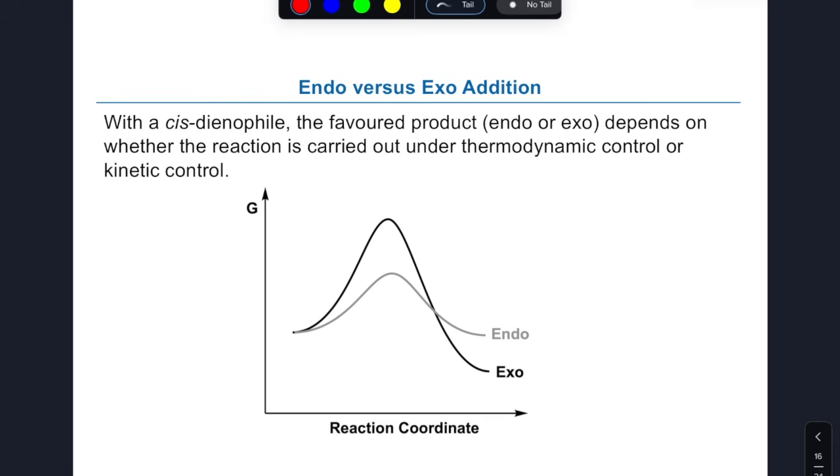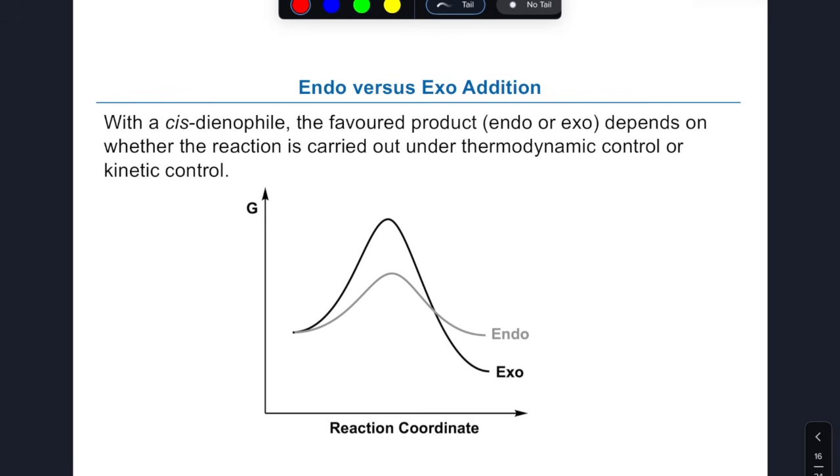However, the transition state to form it is actually a little bit higher. So the kinetic product generally will give you this endo geometry. However, if you can allow it to equilibrate, basically if this can go back to starting material and come over, you end up with the exo product thermodynamically being favored.